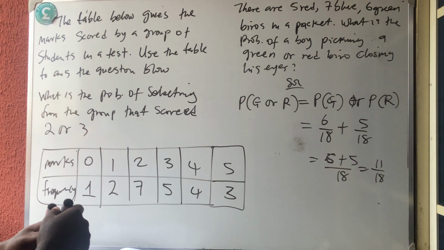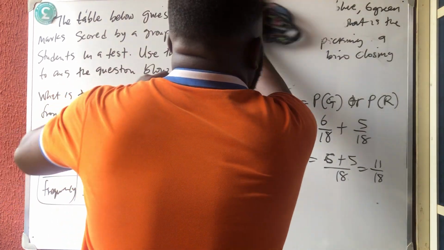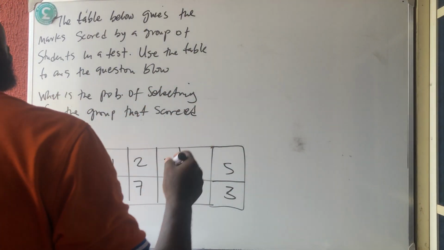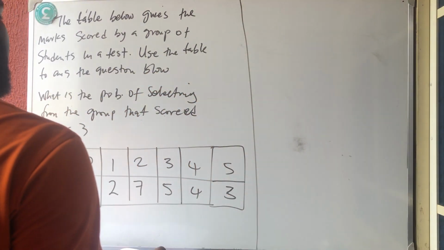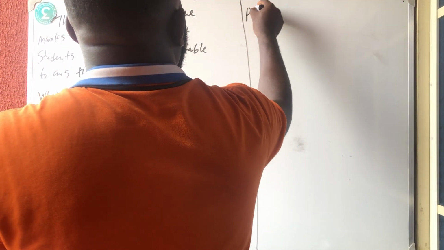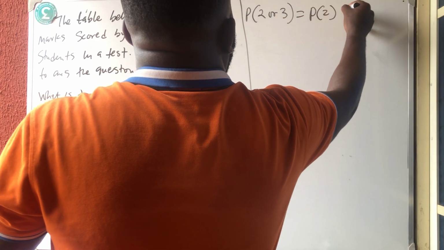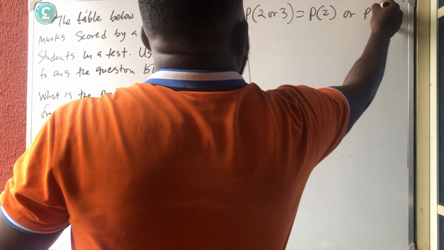Okay? So we need the probability of people that scored either 2 or 3. Nobody can score 2 and at the same time score 3, so they are mutually exclusive. So the probability of 2 or 3 is simply the probability of 2 plus the probability of 3.